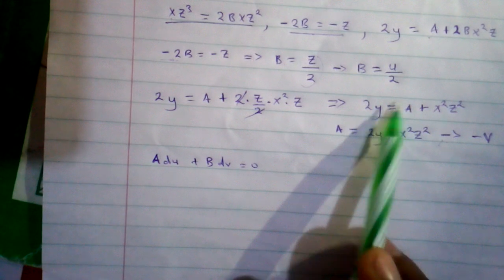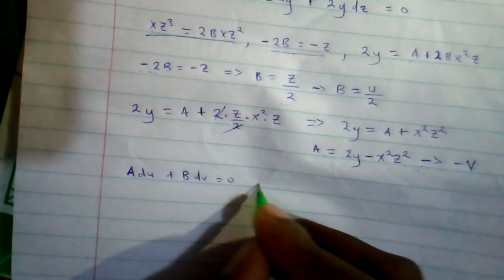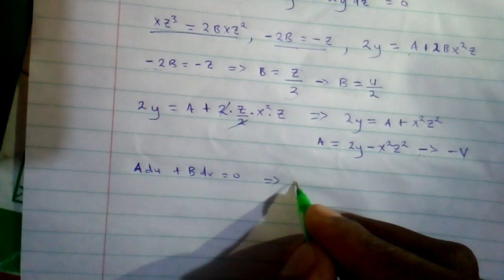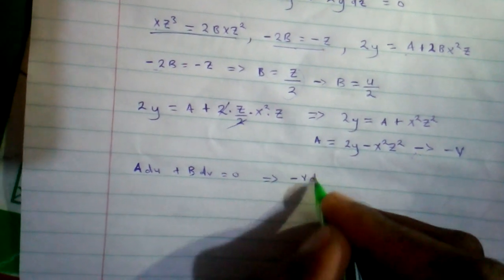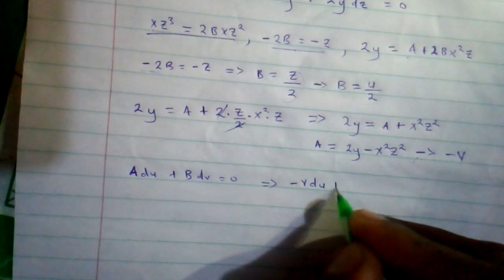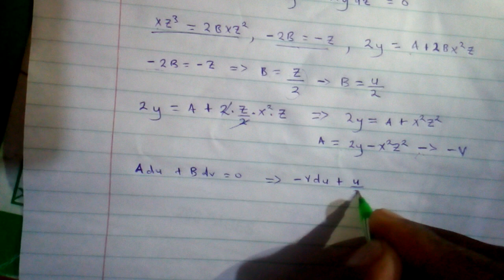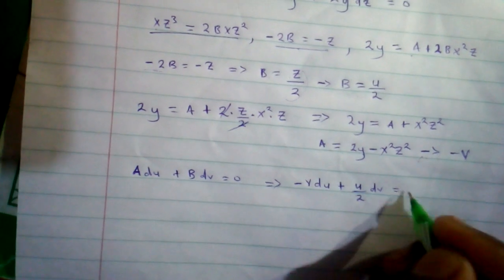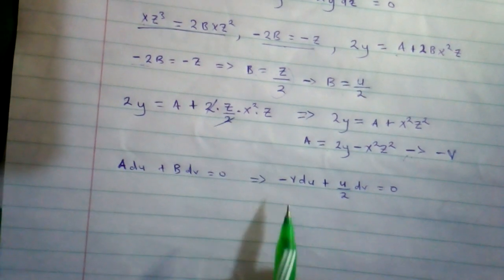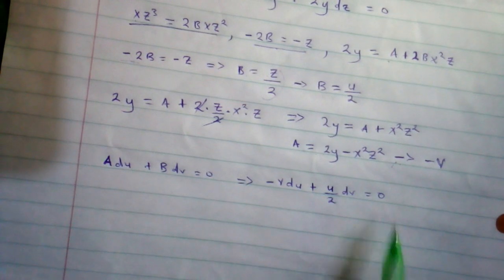Replacing the value of a and b, we get negative v du plus u all over 2 dv is equals to 0. Rearranging this, we take the negative sign to the other side of the equation.